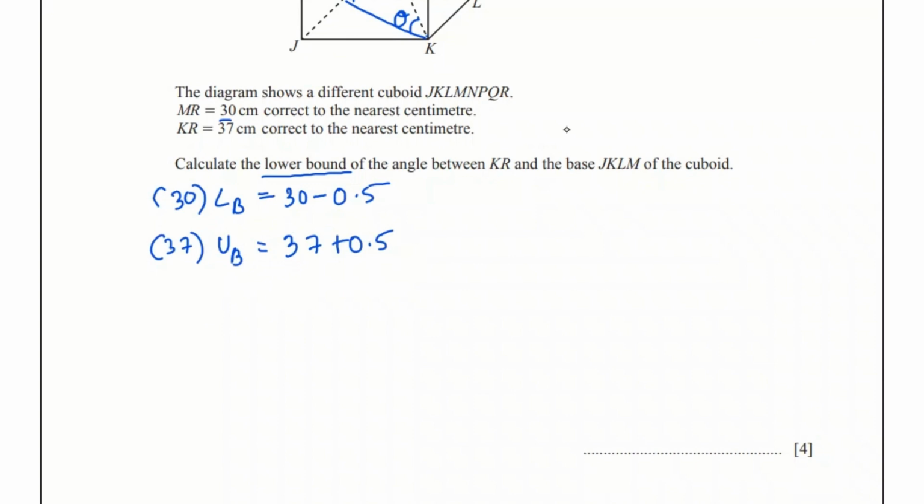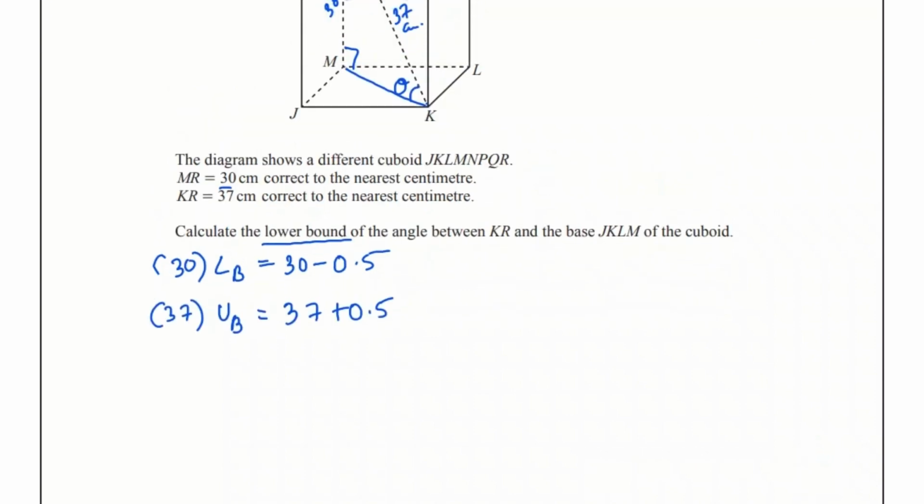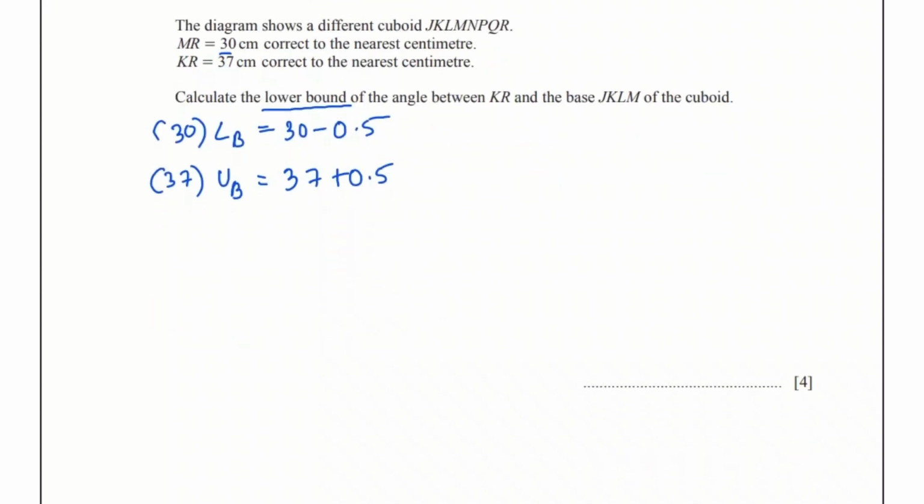Now we'll use sine because we have the opposite and the hypotenuse. Since it's a division, that's why we are taking the lower bound and upper bound. So in step 1 you find the lower bound and the upper bound.